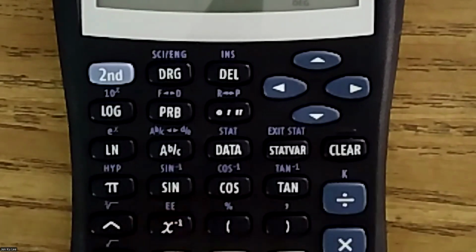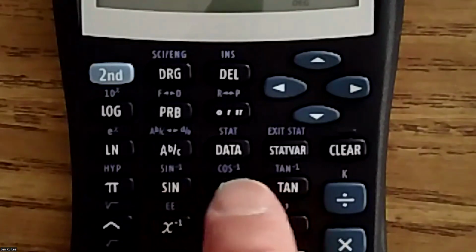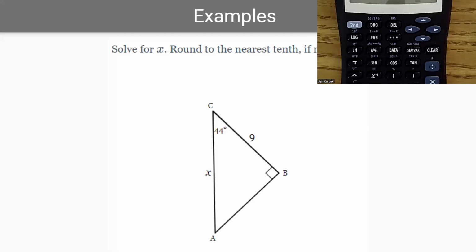Before we use these three buttons, before we go ahead and use the calculator, we have to set up the problem.